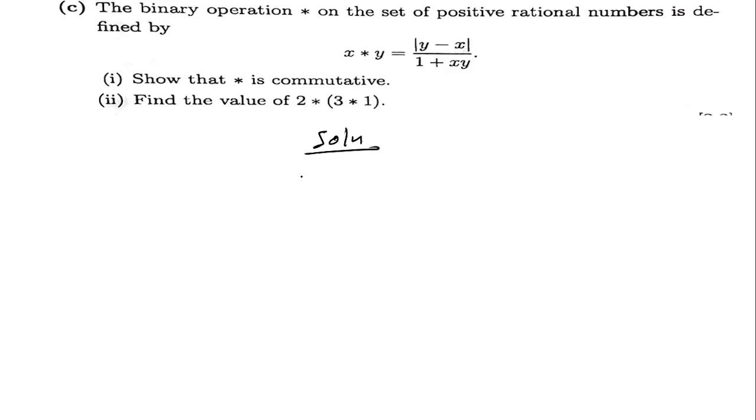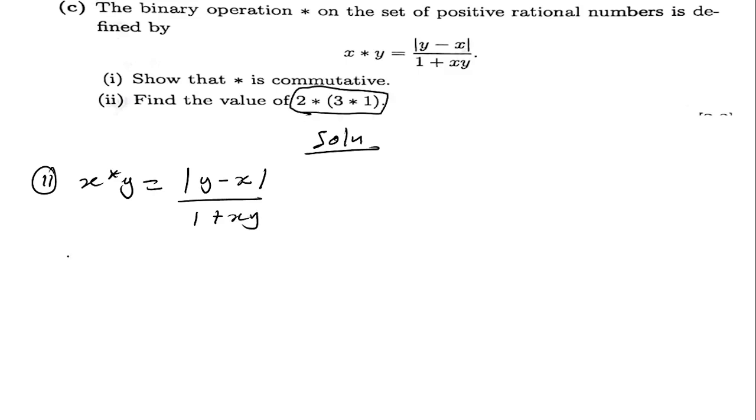So for 2, we have x star y is equal to y minus x over 1 plus xy. So you need to work out that. First thing first is to get what is in the bracket, which is 3 star 1.